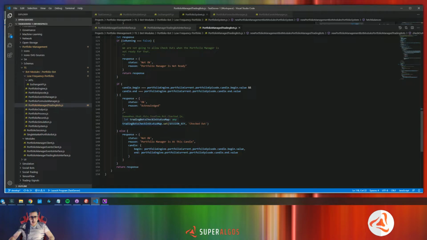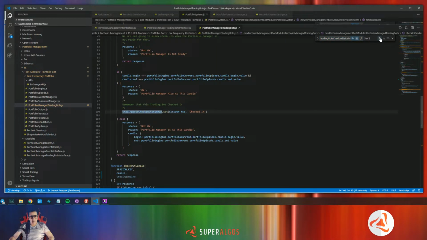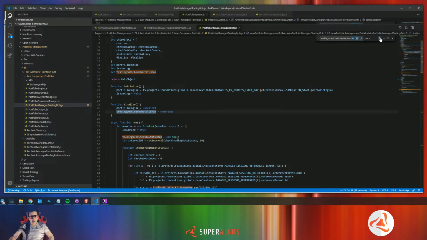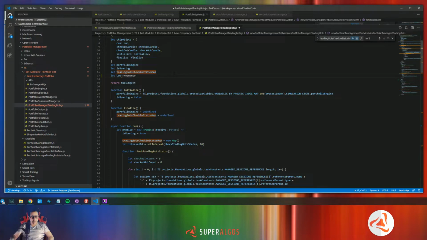Okay, so we're going to store the trading engine that we receive at a map here. Trading bots, trading engine map.